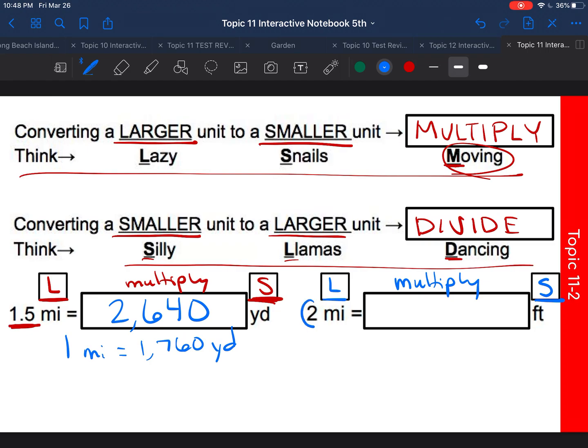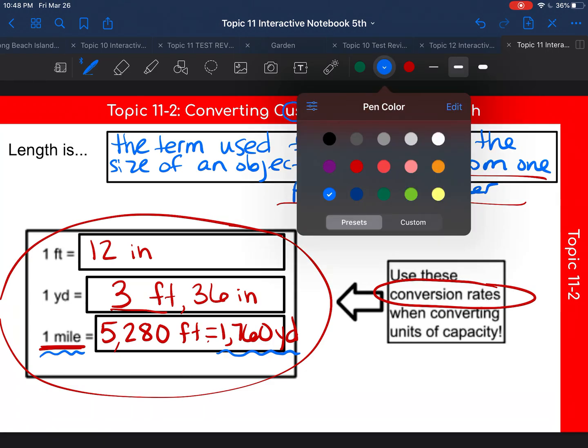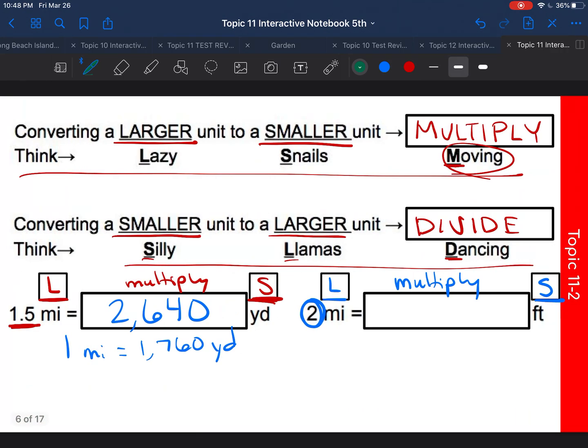So now we're going to multiply 2 times whatever the conversion rate is that relates miles and feet. So what relates miles and feet in this conversion rate? I see that 1 mile is 5,280 feet. So I'm going to use that. 1 mile equals 5,280 feet.